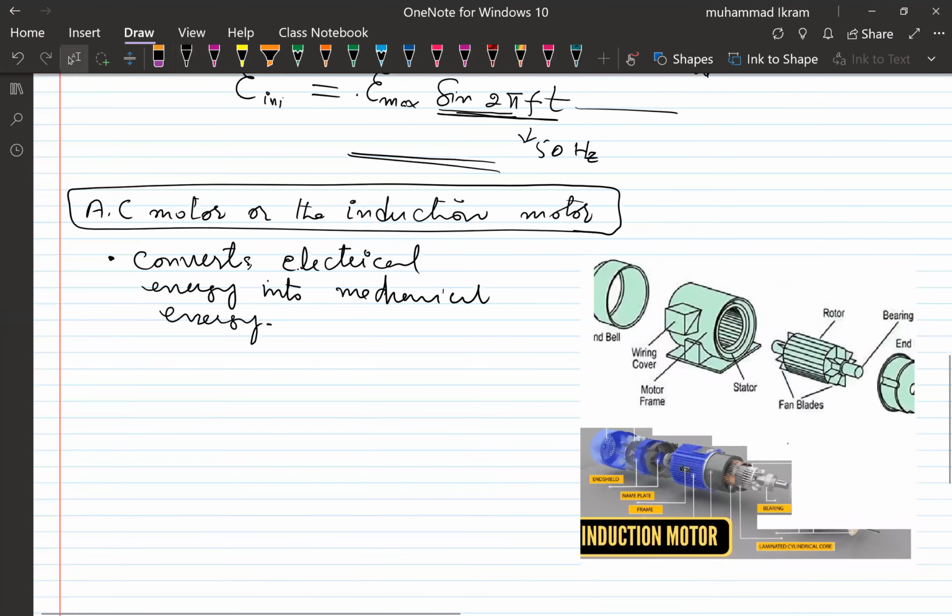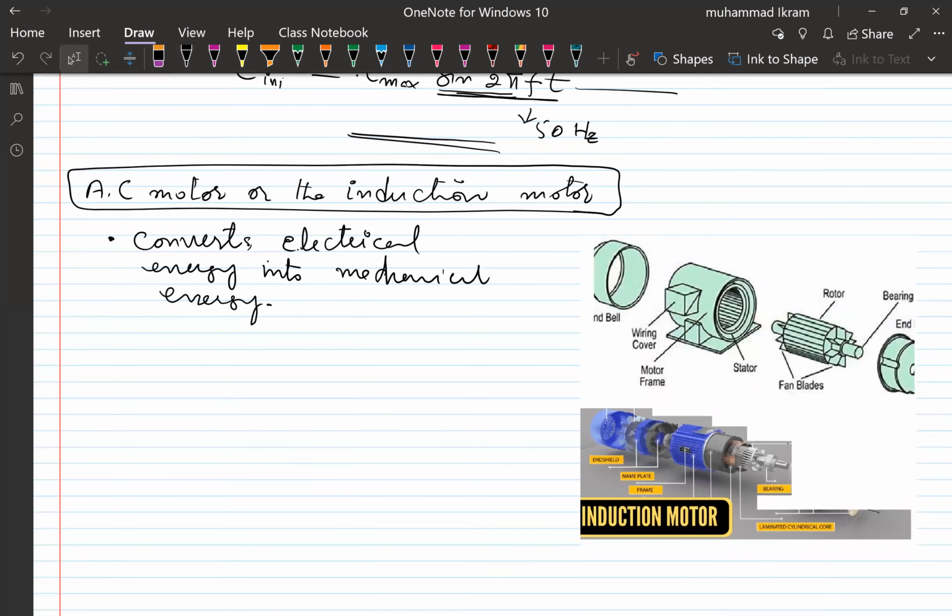But this AC motor or the induction motor has a different working principle, and here the working principle is based on the phenomenon of the induced current.